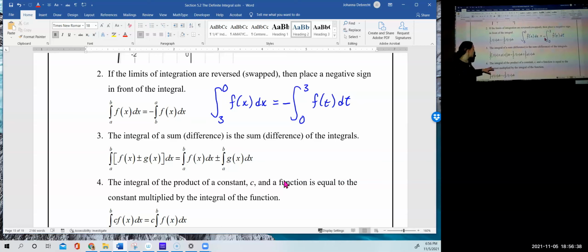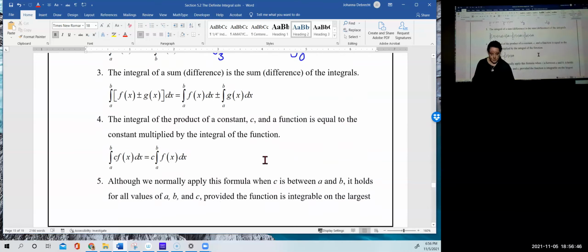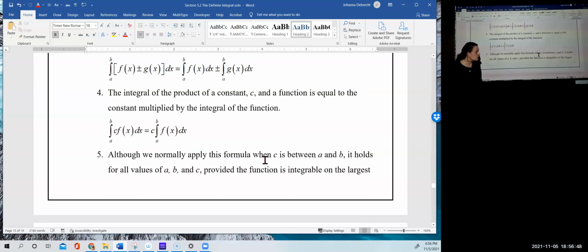The next rule that we have has to do with a constant being multiplied by the function that is the integrand. If the integral of the product of a constant and the function is in the integrand, then we can pull the constant out of the integral.